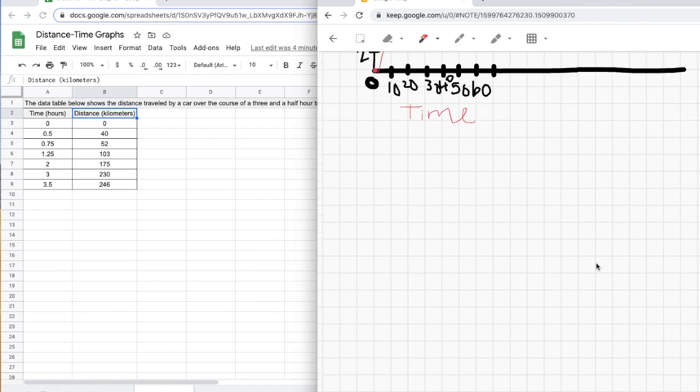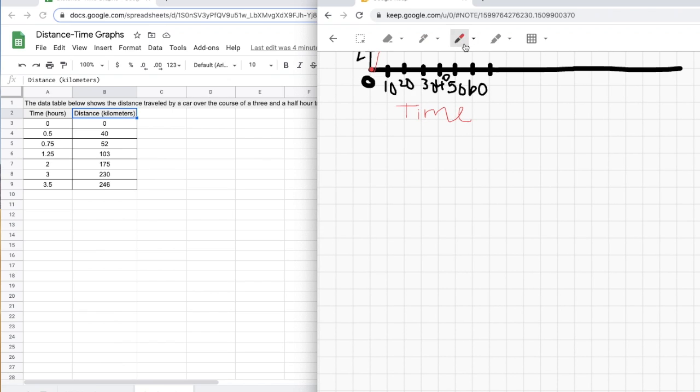So I'm not going to put the whole graph on here, but let's just, if we were to try and mark up our x-axis, and you know I already messed up the first one, so this is not going to go great for us. Let's say that every 2 lines are a half an hour. So this is going to be 0.5. And now I'm going to stop writing because that's going to be confusing. So if every 2 lines are half an hour, the next line would be at 15 minutes.